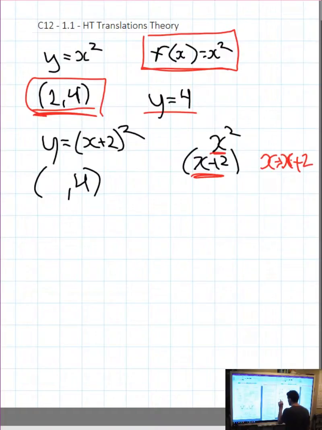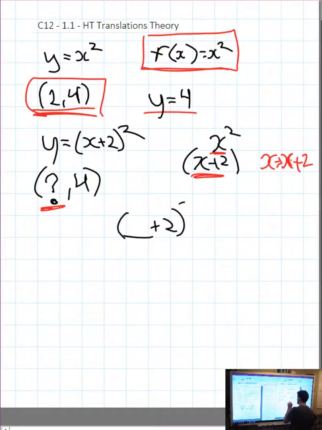So we are asking ourselves, what is this x value that will keep the function 4? Well, we can do this in a multitude of ways. We can use logic. What plus 2 squared is equal to 4? Well, I know that 2 squared is equal to 4. So what do I have to add to 2 to make it say 2 squared?